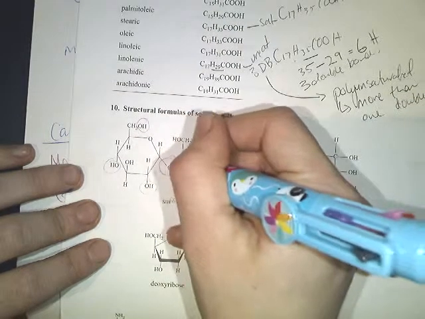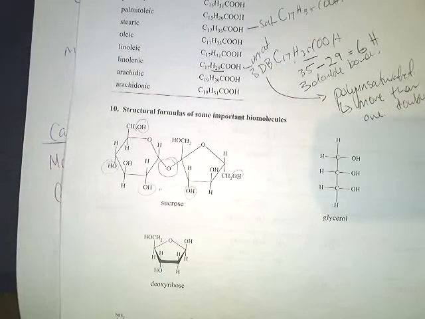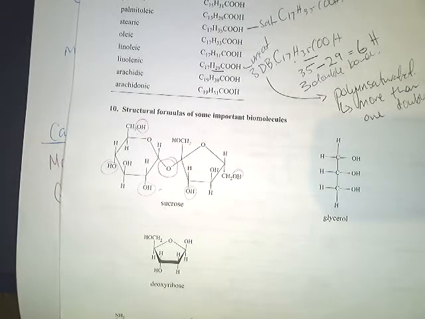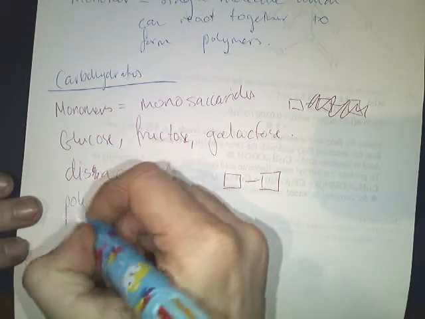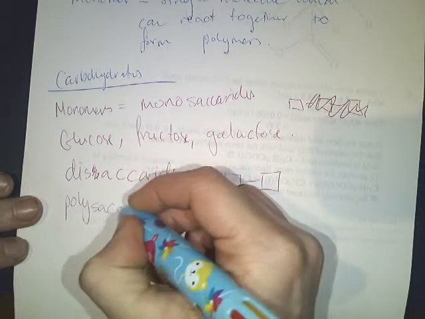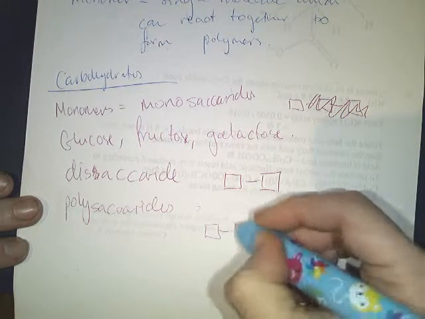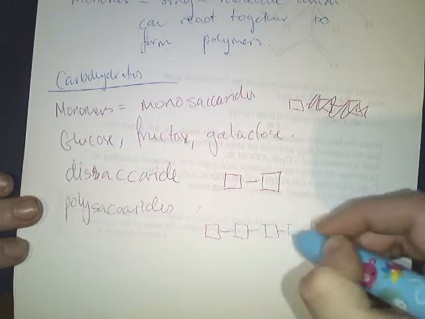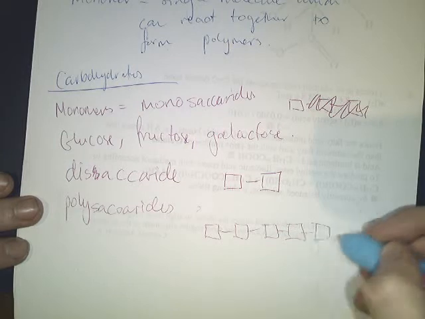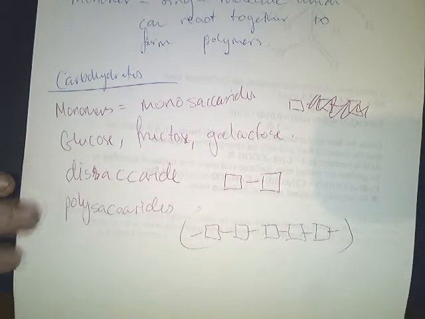Okay, then you've got this ether link. Okay, then we have polysaccharides. Now we only went into polysaccharides, so polysaccharides is the polymer. And the way we draw the polymer is with open-ended bonds.